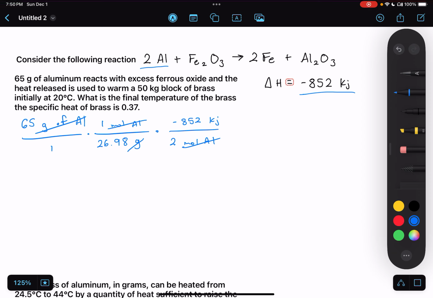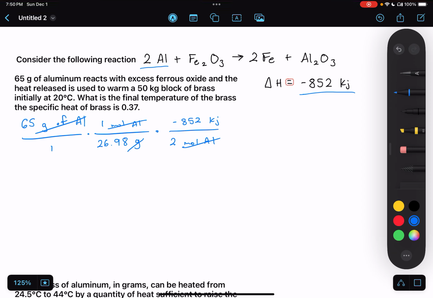So moles cancel out. We got 65 divided by 26.98, which gives us 2.41. So 2.41 times negative 852 over 2.